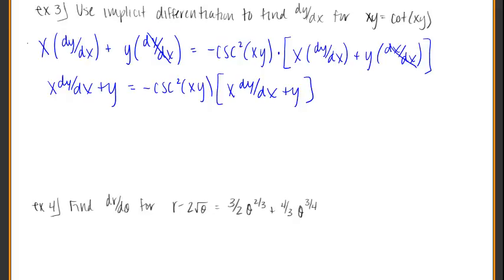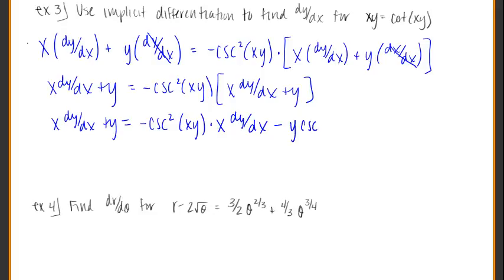Okay, and then from there we're just going to keep doing some more math so that we can focus on getting the dy/dx's all by themselves. So we have x dy/dx plus y is equal to negative cosecant squared xy times x dy/dx minus, I'll just go and write it as y cosecant squared xy.